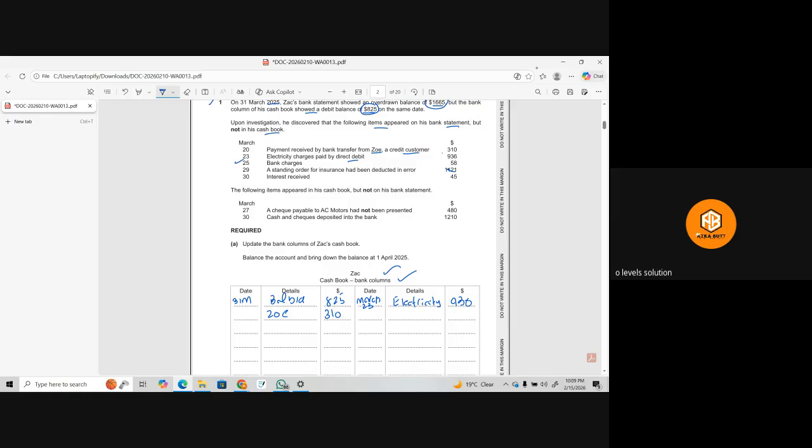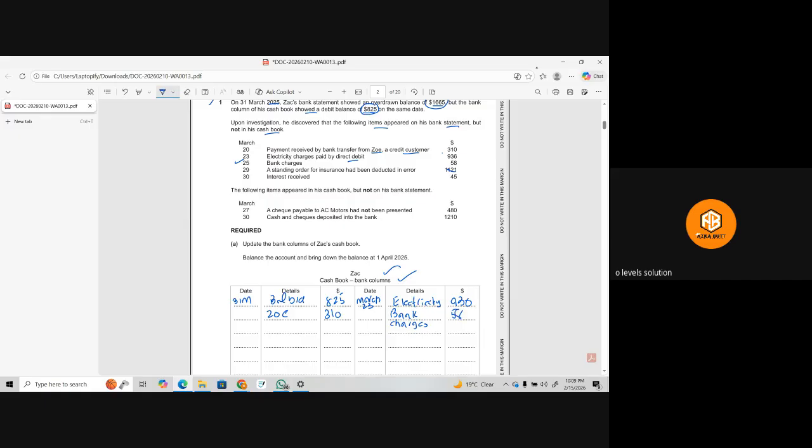Then we have bank charges on 25 March. So bank charges are again deducted from our bank account, but we did not record it. So that's why we will write bank charges on the credit side. So this is 58.